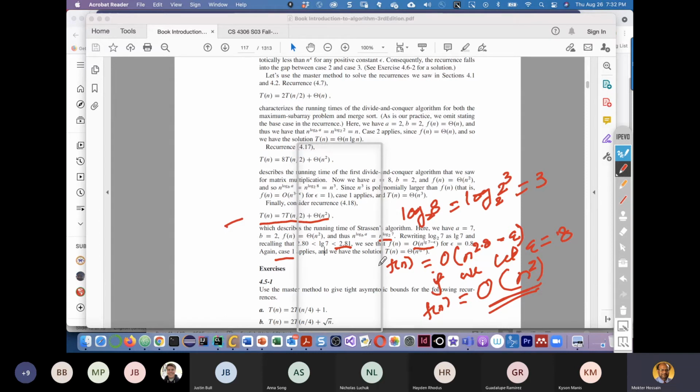What is the dominant part over here? This one. So the running time will be theta of n to the power 2.8, or you can say n to the power log 7, with base 2.